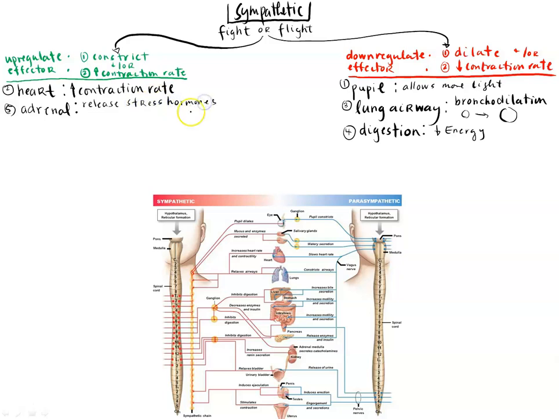And these stress hormones are going to now, with their hormone bind their receptor and then also do the same things that the neurotransmitters are doing, okay? And so the stress hormones are norepinephrine, epinephrine, and then cortisol. All right? Okay.